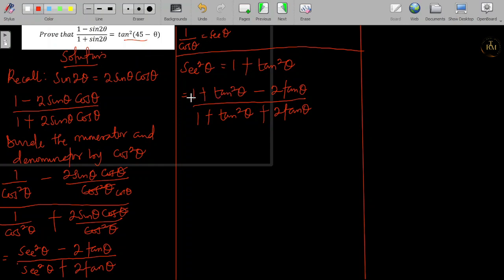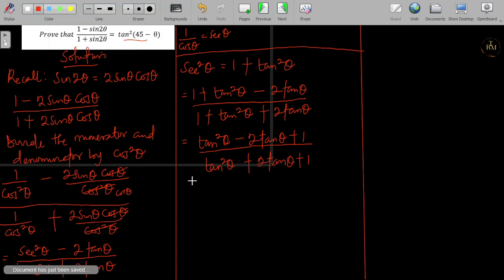Now I'm going to rearrange the top and the bottom. I have tan squared theta starting first, minus 2 tan theta plus 1, divided by, the same thing at the bottom, tan squared theta plus 2 tan theta plus 1.